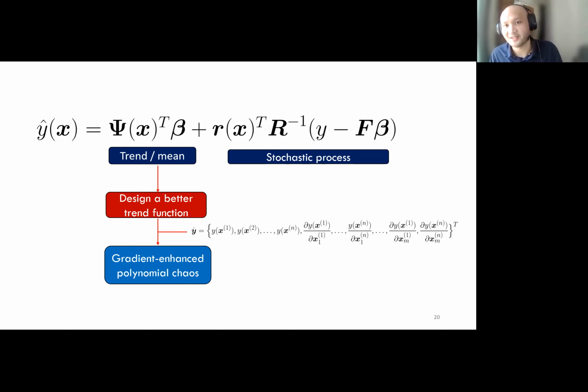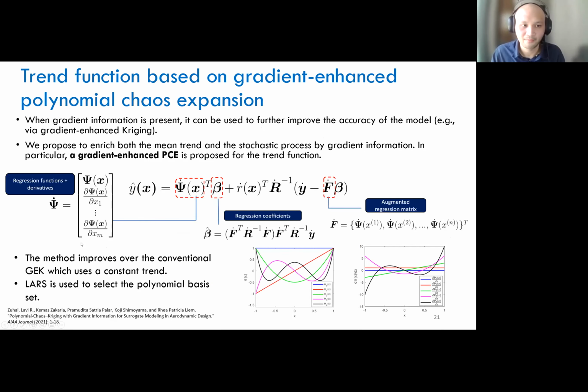Polynomial chaos is basically like your polynomial regression, but we use orthogonal polynomials because of several advantages compared to if you use the standard monic polynomials. So here, what we did is that we improve not just the stochastic processes, but also the regression or mean functions.